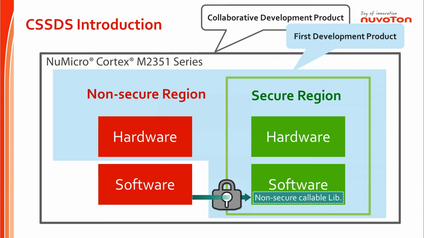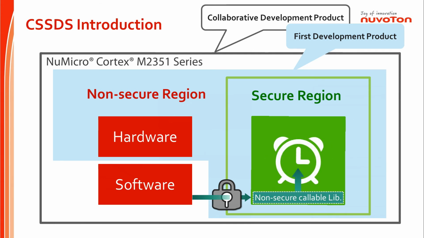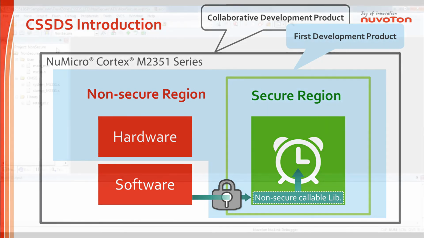In the M2351, for instance, the clock controller is fixed to a secure-only peripheral, if the non-secure callable library doesn't contain the function of clock source select provided by the first developer. The clock of the peripheral that the secondary developer wants to develop can only operate in the setup already configured by the first developer in advance.